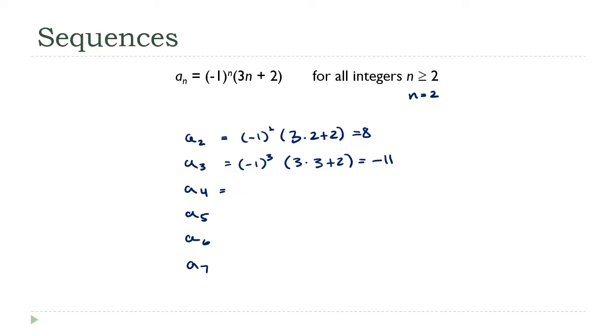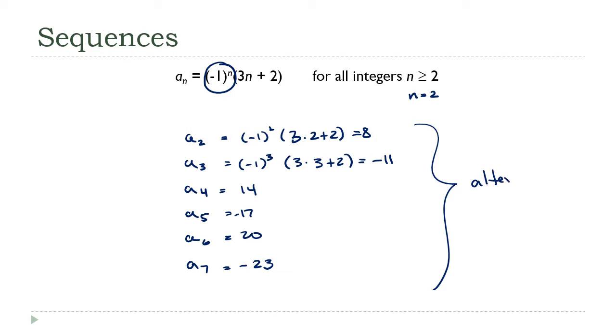And if you keep doing this, you should get 14, negative 17, 20, and negative 23. Now, notice what effect the minus 1 to the n part here at the beginning had on the results. It made the signs of each term alternate, giving us what's called an alternating sequence.